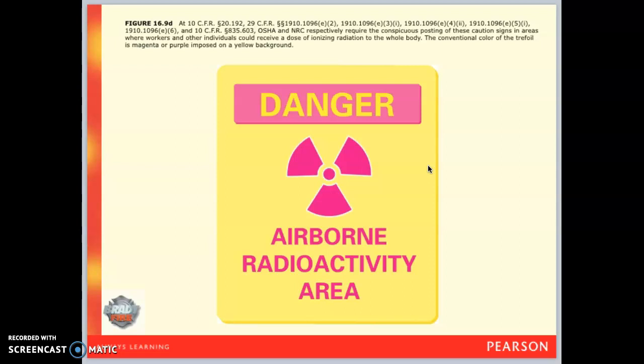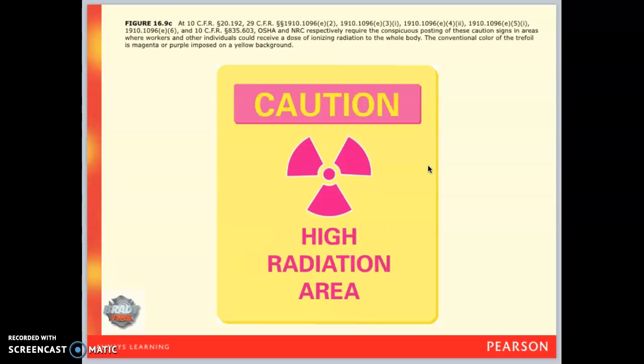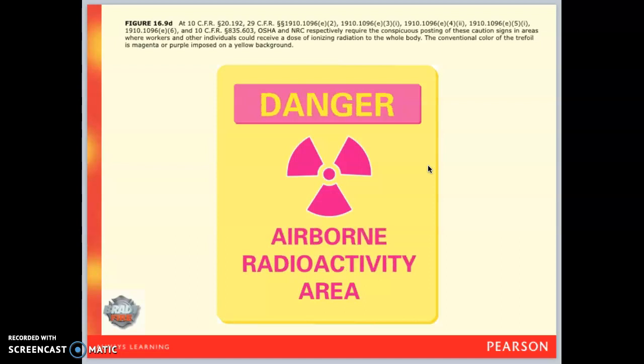So again, the use of those signal words. Caution gives us an idea of how significant the situation is. Danger is an increased amount of caution, an increased amount of danger that is associated with this particular area.